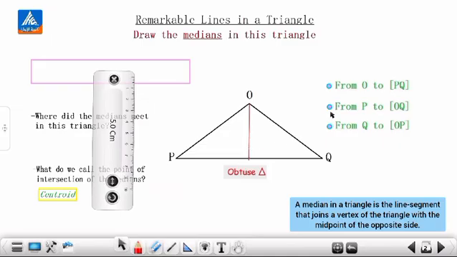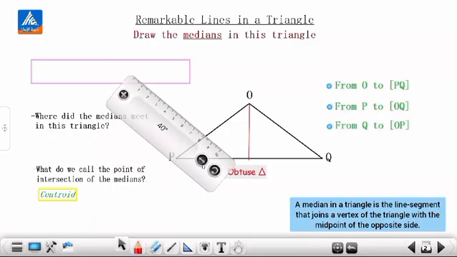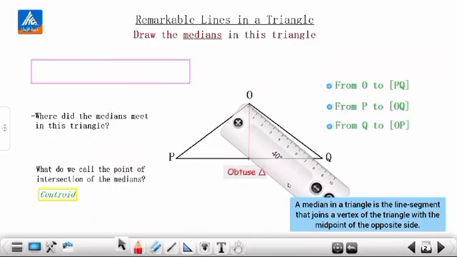Now, second median from vertex P to the midpoint of the opposite side OQ. So we should measure OQ. The length of OQ is 8 centimeters. The half of 8 is 4. So the midpoint is here.